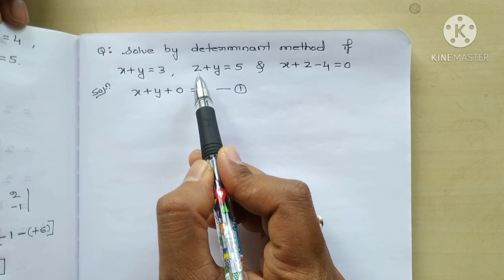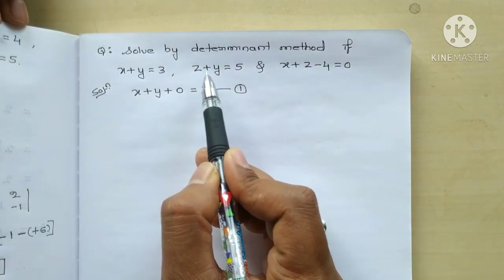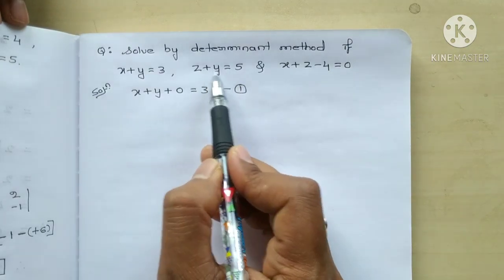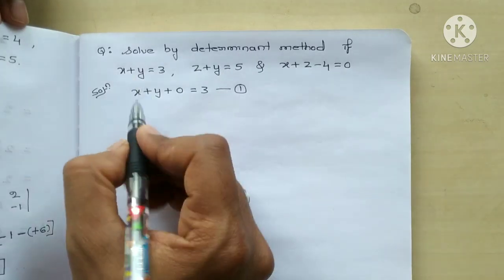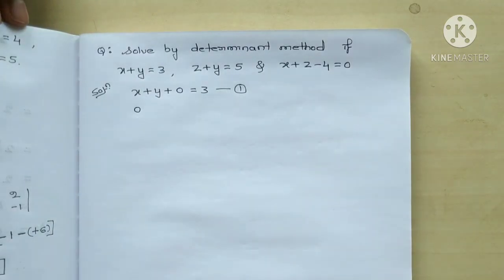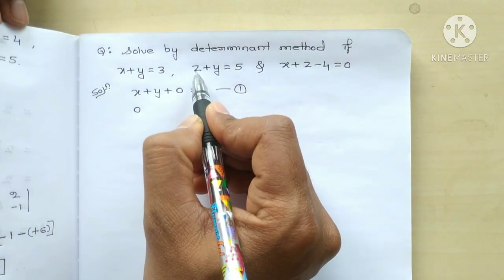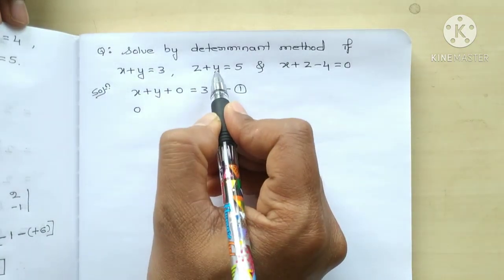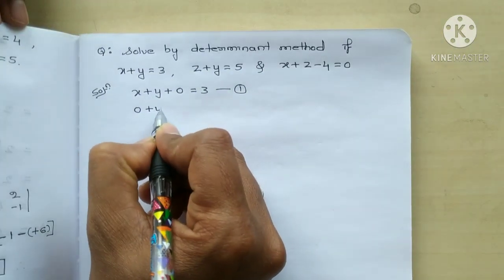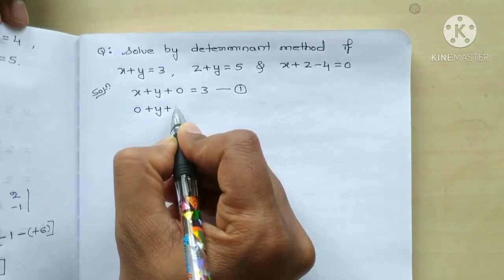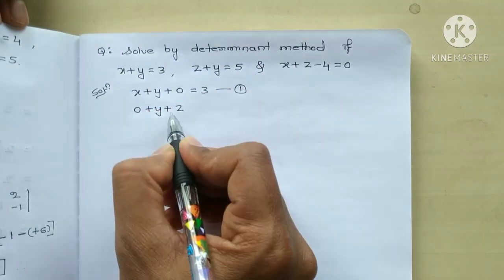Next, see second equation, z plus y is equals to 5. Here which term is missing? X term is missing. So x place I am going to mention 0. Next comes for here y. Here z is there but you have to take y. So first I am going to write plus y. Next I am going to write plus z, because here nothing means which sign? Plus sign.